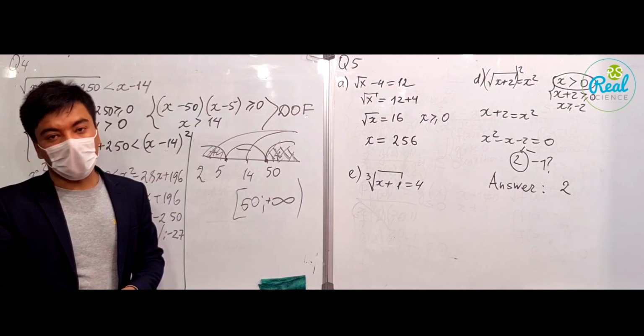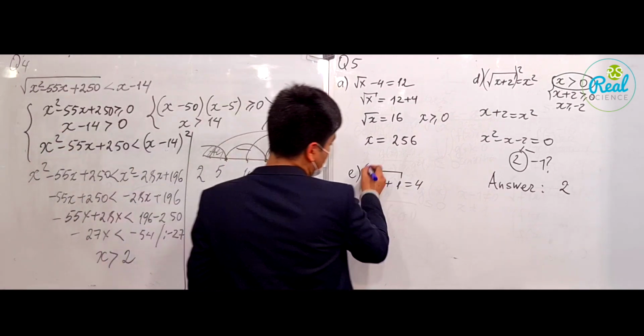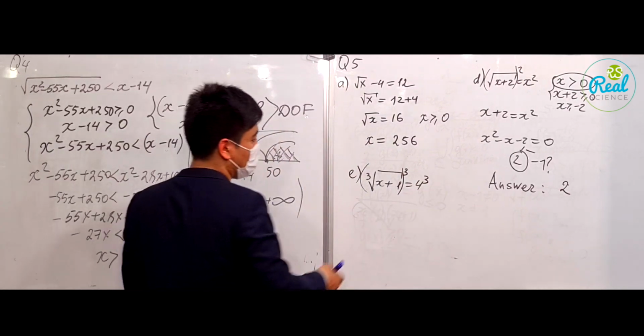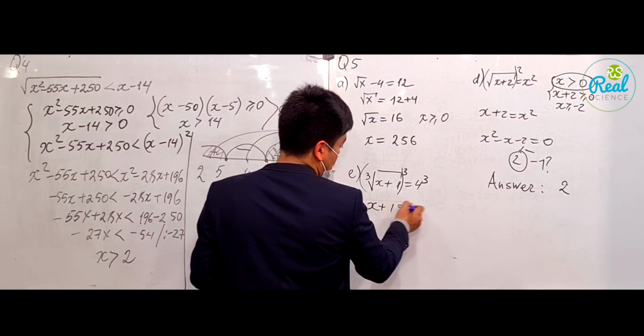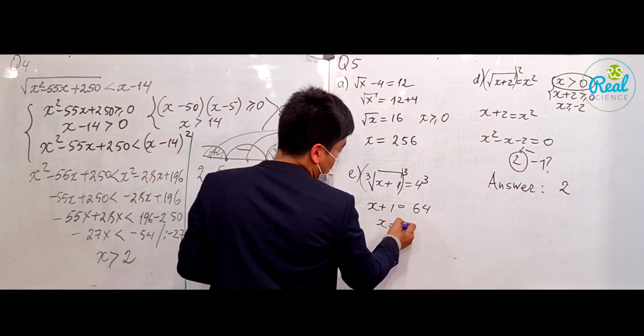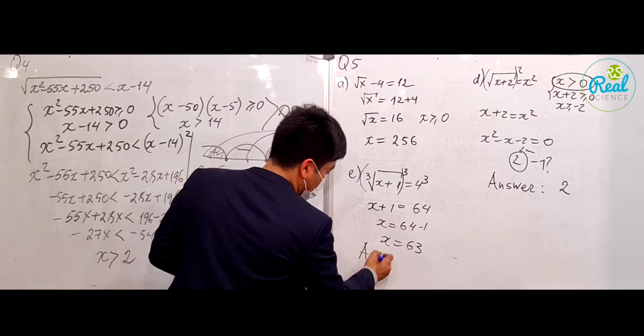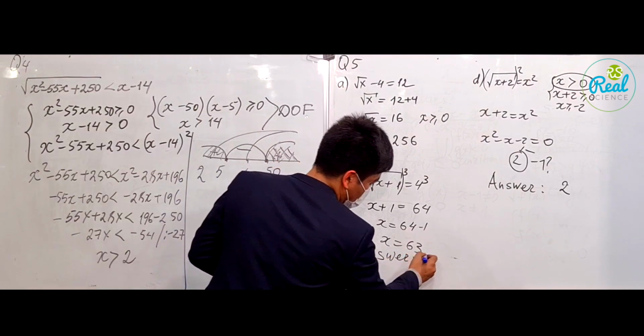It can be negative too. That's why we immediately start by raising to the third power, and 64. 64 minus 1, x is 63. Answer 63.